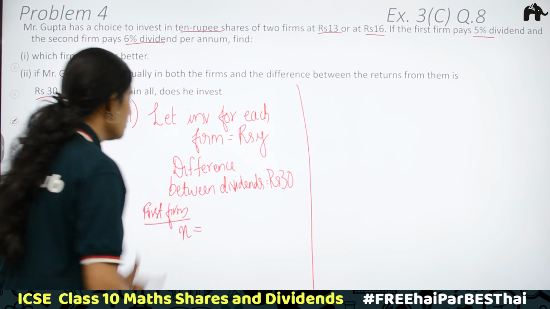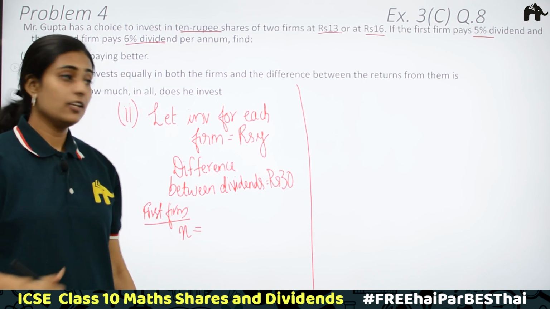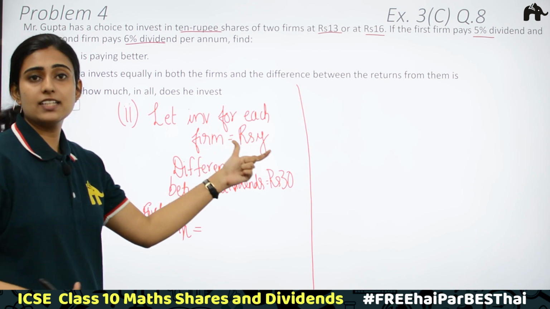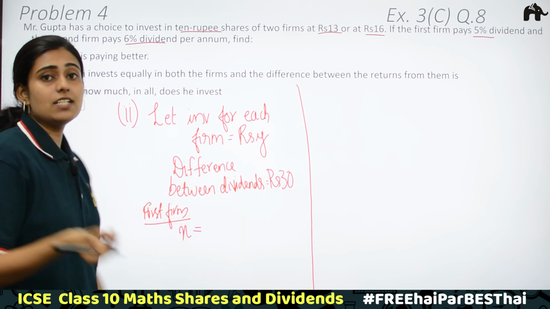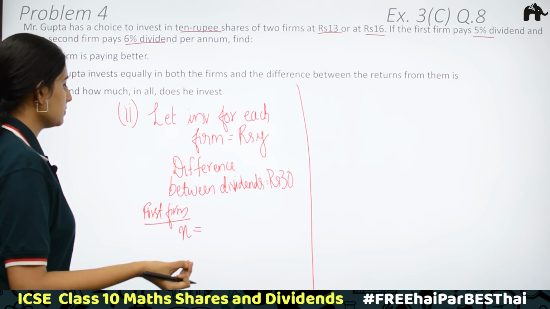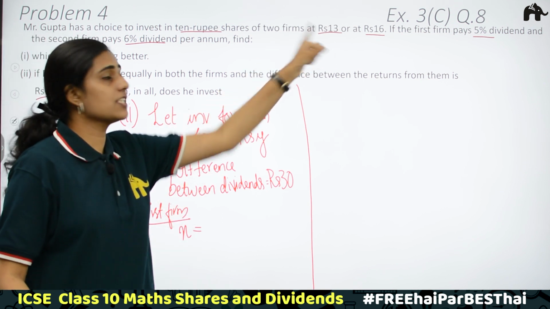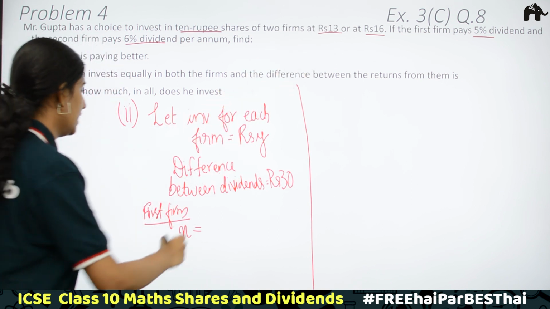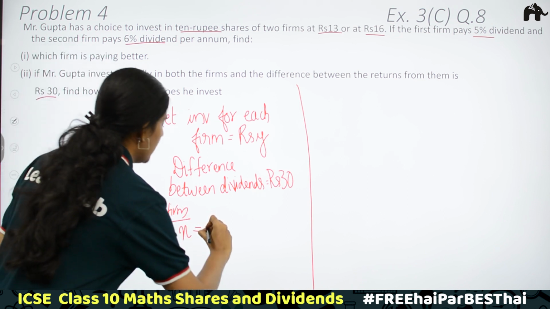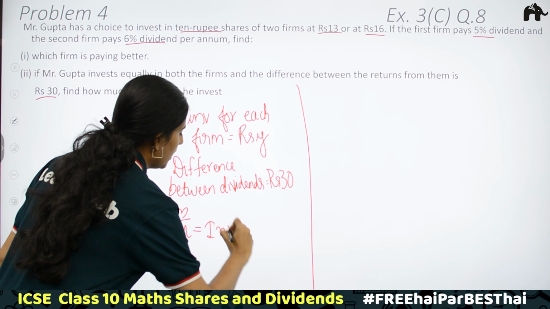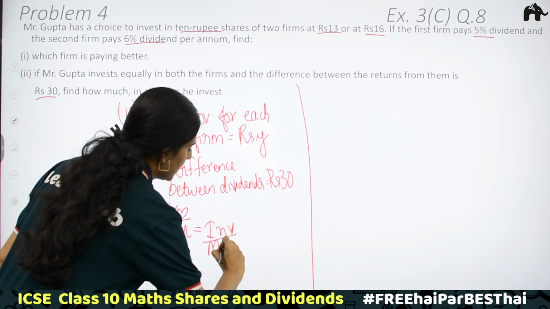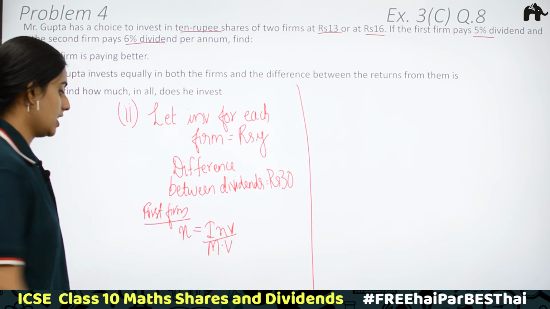For first firm, the number of shares is equal to, you have the investment, we have taken that is equal to Y, and the market value of 1 share. Market value of 1 share for the first firm, it is rupees 13. So here N is equal to investment divided by market value of 1 share.